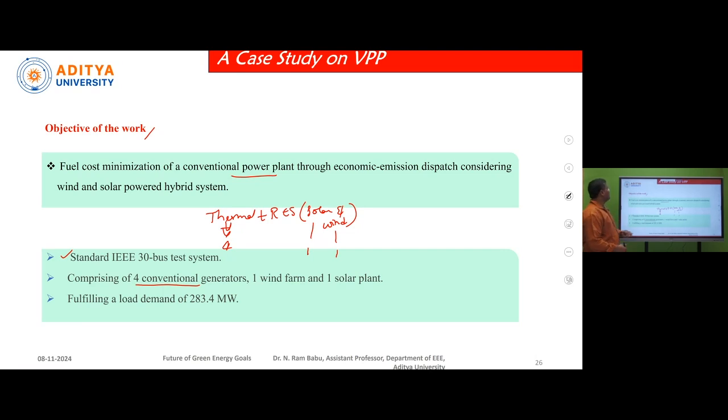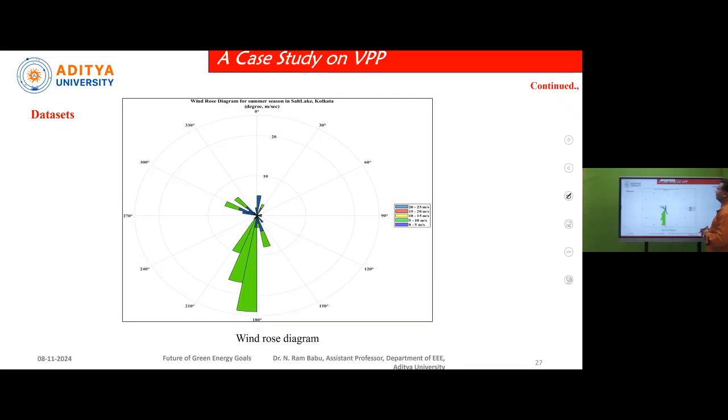So if you observe, my main motive is, along with the conventional power plant, I am integrating renewable energy sources such as wind and solar in such a way that the economic emissions can be reduced. For this, I have considered a 30 bus system, 4 thermal systems, 1 solar and 1 wind system. The load is around 283.4 megawatts. For this, some data sets will be there.